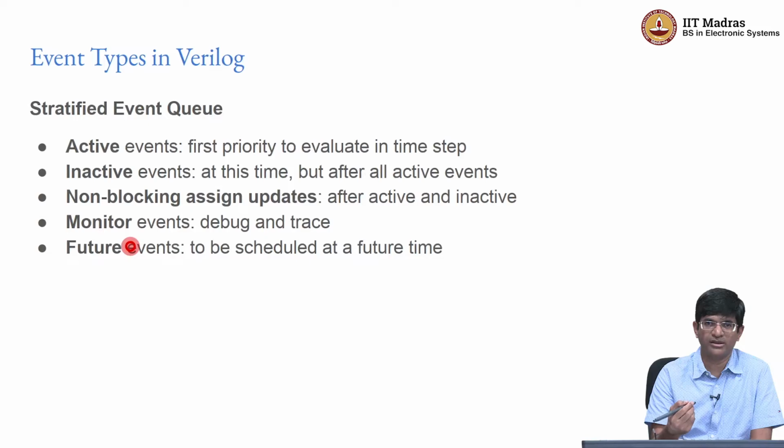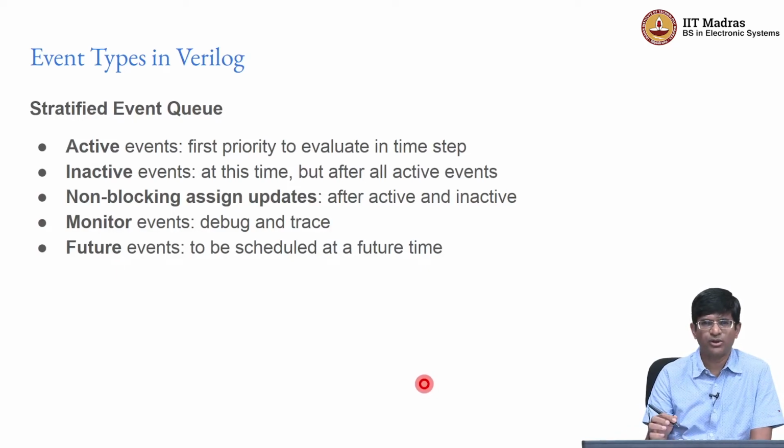So the $monitor by itself also creates tasks that need to actually get executed, and those get scheduled as events or updates that need to get run. They are used for debugging and tracing. And as I said, you could finally have future events, where if I have something like #10 A equal to 1, it says okay, this is an active event, but it's going to be something scheduled at a future time.